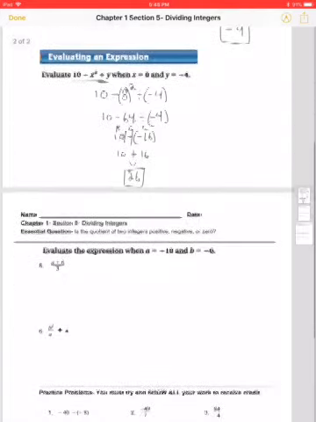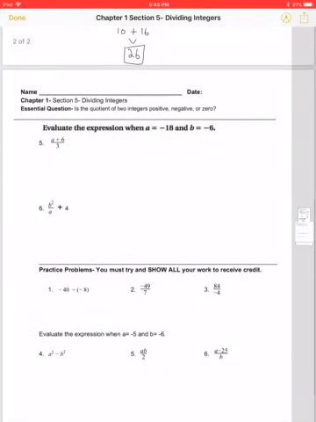Okay. So if I keep going down, we're going to evaluate another expression. This time I'm evaluating two different expressions with different numbers. A is negative 18, B is negative 6. So A plus 6 divided by 3, I'm going to substitute in negative 18 for A. So I have negative 18 plus 6.